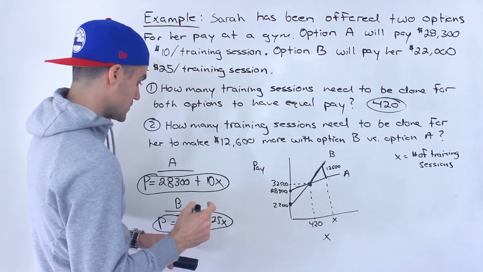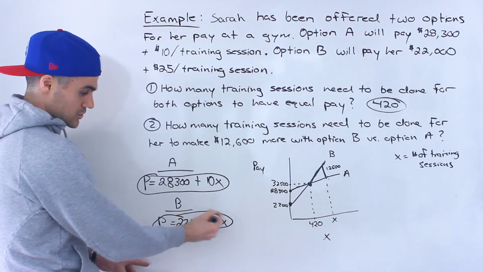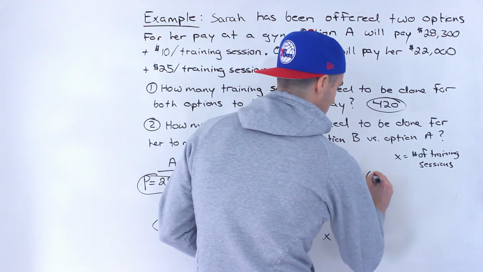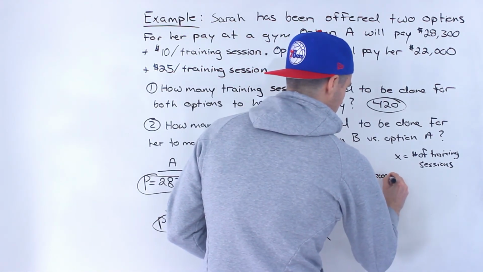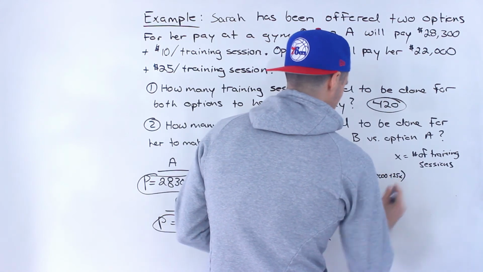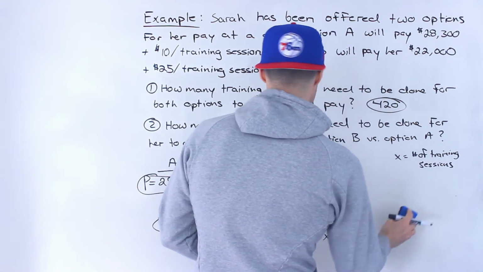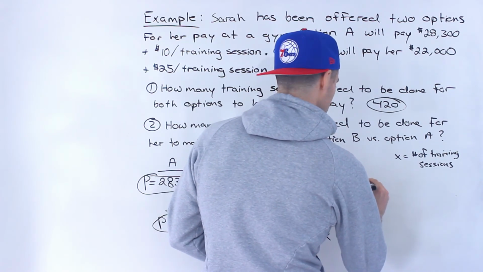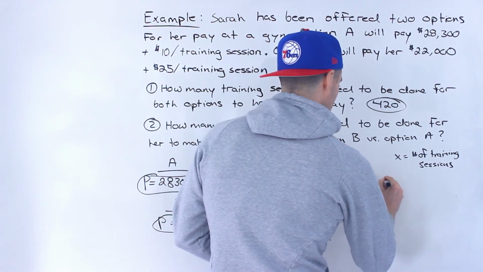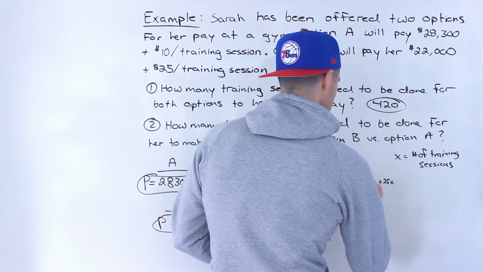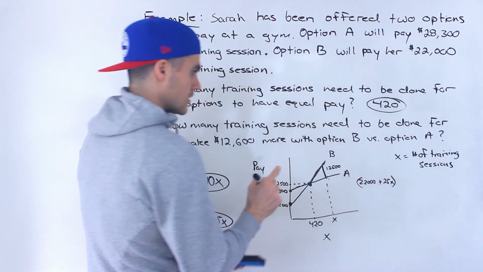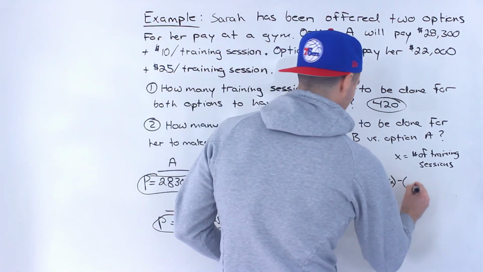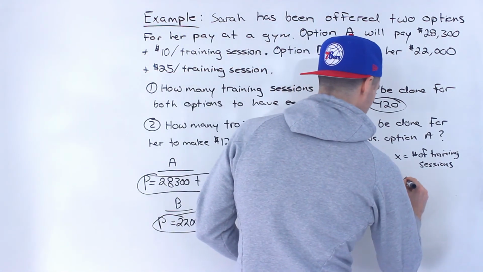So what you would do is take this expression for option B, 22,000 plus 25x. Actually, I'm just going to shift it a little bit, give myself some room here. So 22,000 plus 25x, option B, minus the pay for option A. You would put that in brackets, so be careful with that as well.